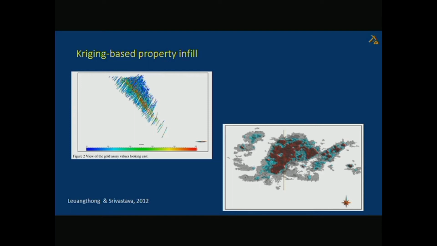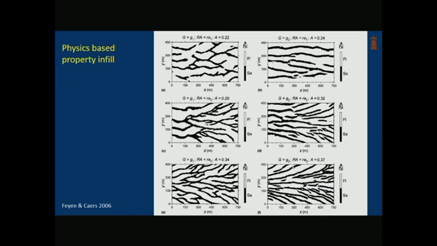As soon as you go to a different domain, you want to redo the calculation again, because you're saying that these things are only stationary in a geostatistical sense within a particular domain. There's no physics behind any of this. This is just a purely geostatistical approach, and that's probably reflecting the level of knowledge we have about the complexity of the situation. If you go to oil and gas, there are many more physics-based approaches to property infill.